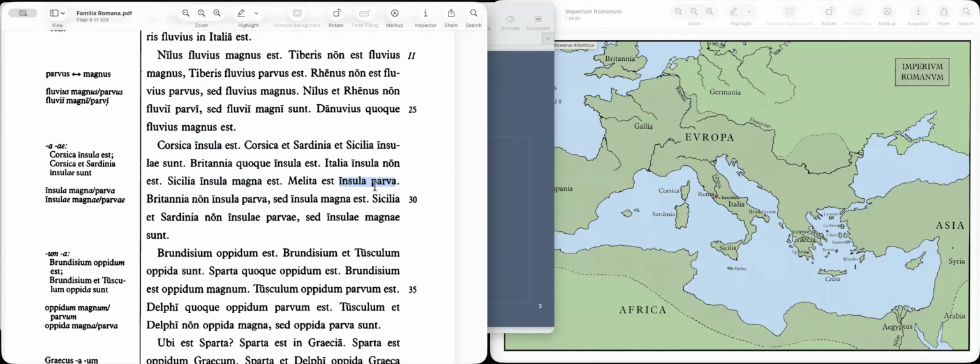So what we'll see later on is that all of the A ending words in this chapter are what are known as feminine nouns. And this is going to be a little difficult for most native English speakers, because we've pretty much lost what's known as grammatical gender.